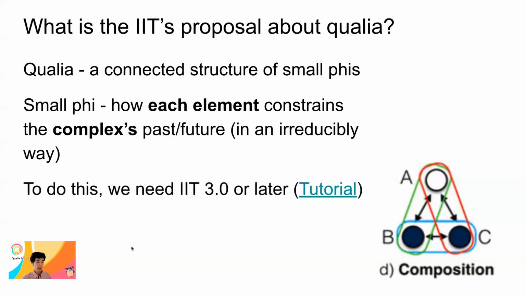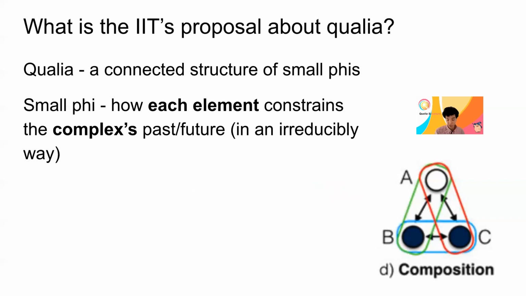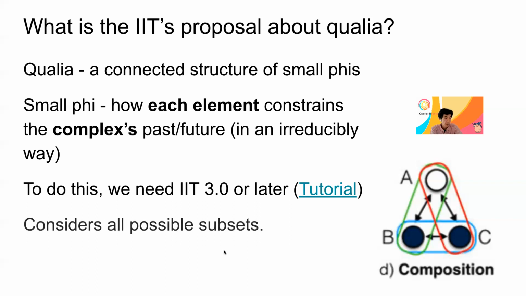But that requires a bit of detailed explanation. And if you're really interested, I recommend going to the tutorial of IIT 3.0. The beta version is now developed, so we'll see how it goes. But IIT 2.0 that I introduced in the lecture is not really powerful enough to get there. So that's the point where I would stop here.